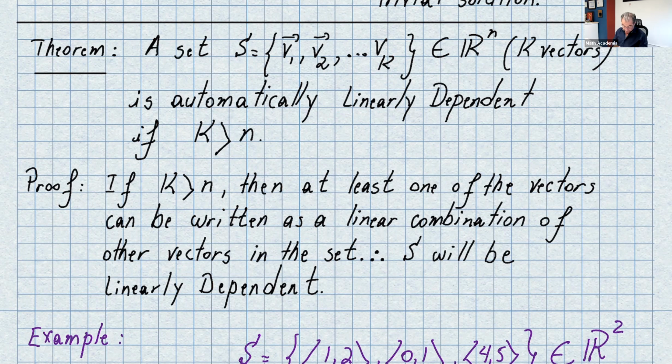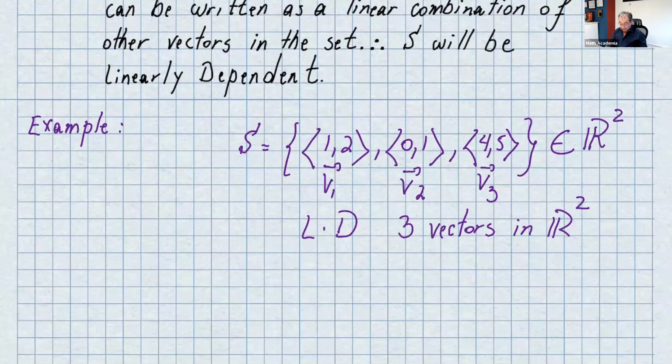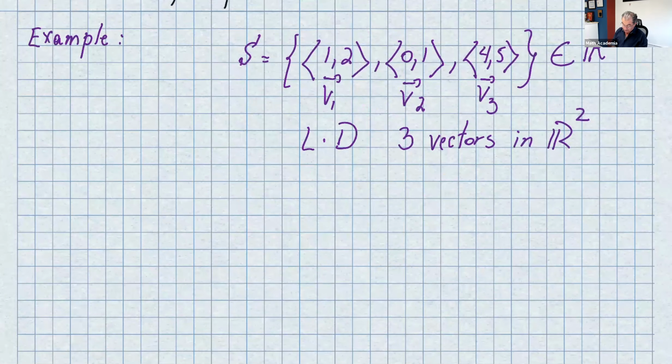And for the proof, if k is greater than n, then we know for sure at least one of the vectors can be written as a linear combination of other vectors in the set. Therefore, S will be linearly dependent. An example of that I did put here. So we are in R2 and we have three vectors, and this is linearly dependent because we have three vectors in R2.